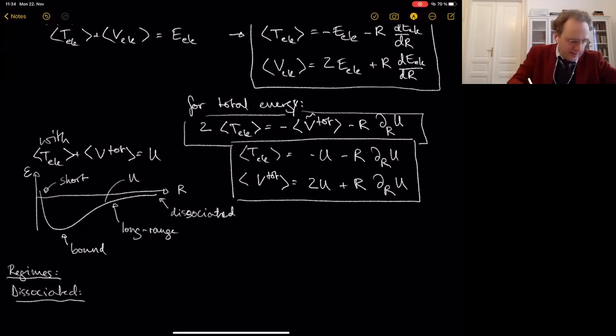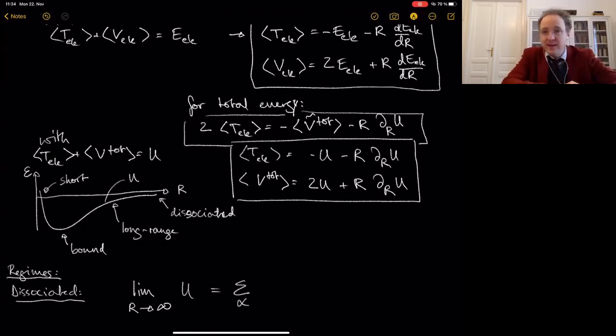Well, what does dissociated mean? It means that we should consider the limit of R going to infinity, okay? Easy. So what happens to your total energy? Well, it simply becomes the sum over your atomic energies, right?